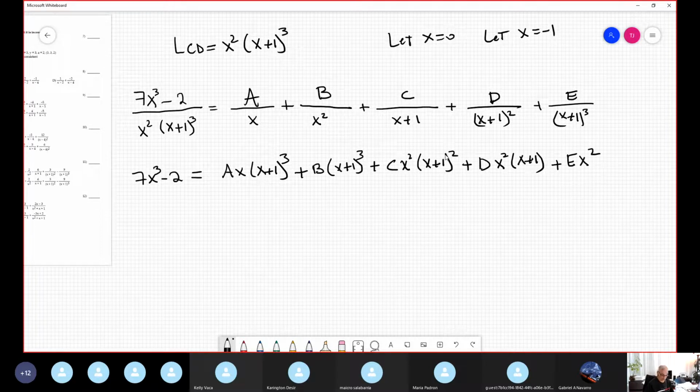To find B and E is easy, because they depend on only one factor. Suppose I am doing x equals 0.